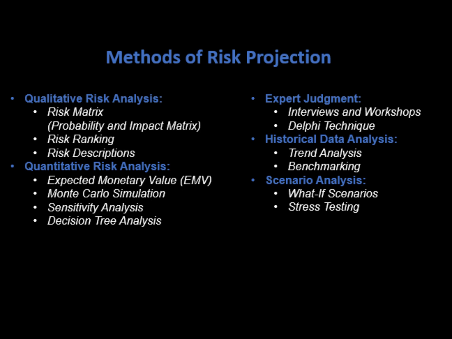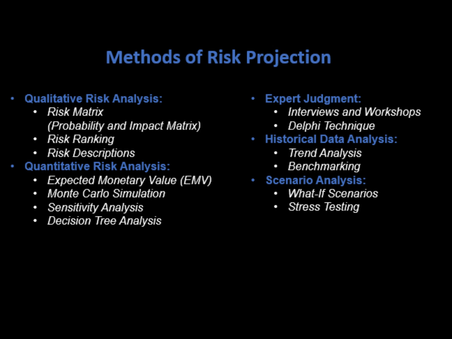Second, quantitative risk analysis. Expected monetary value (EMV). Calculate the EMV for each risk by multiplying the probability of the risk by its potential impact. Monte Carlo simulation. Use computer-based simulation to model the impact of risks on project objectives, generating a range of possible outcomes and their probabilities.